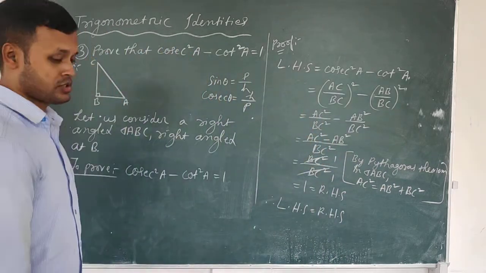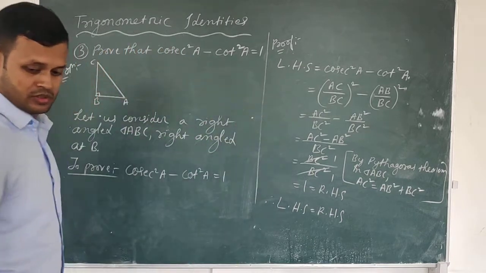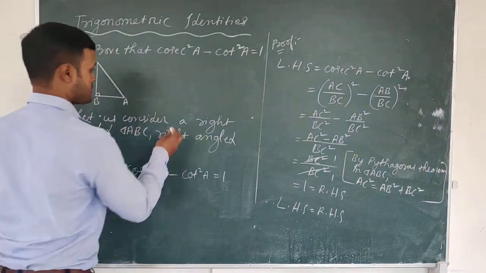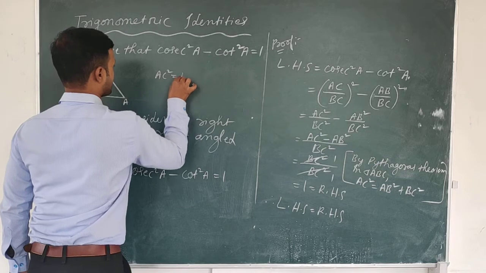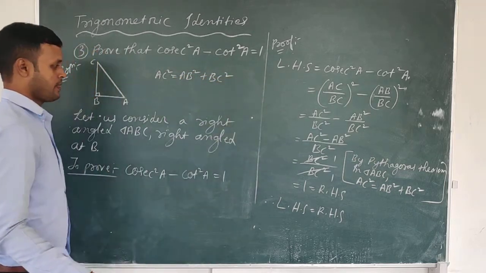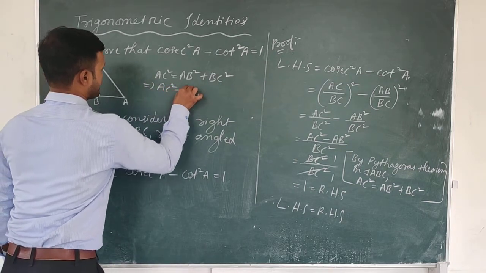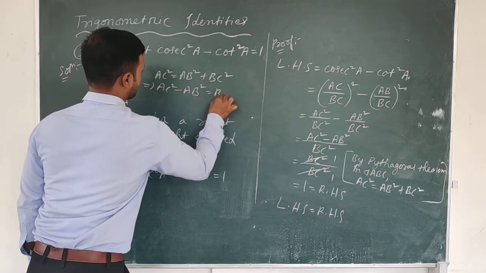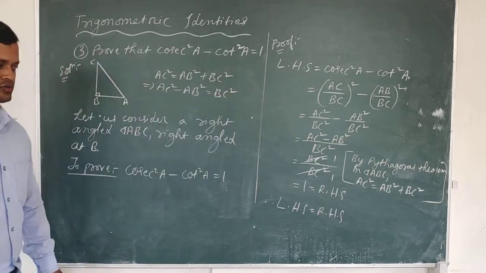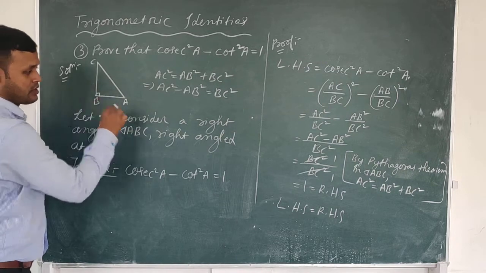Students, you see, AC square minus AB square will be what? BC square, isn't it? That is what I got here.